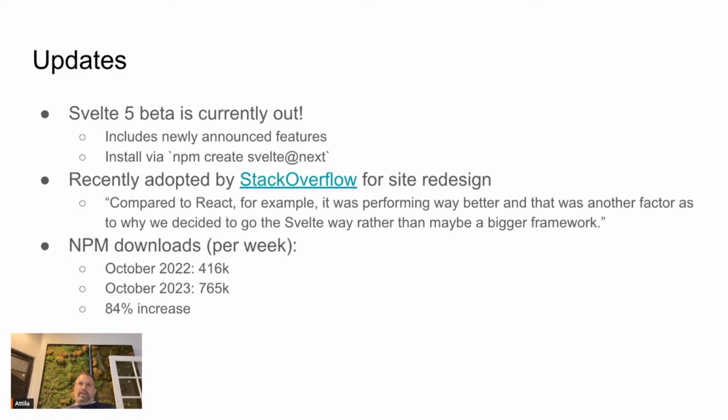So I also just wanted to, we were taking a look at some of this earlier if you joined us earlier, but basically looking at the growth of Svelte. This slide is a little bit older, so it's October data, but if we compare one of the weeks in October 2022, 416,000 weekly downloads, to the comparable time in October this year, 765,000, so an 84% increase.